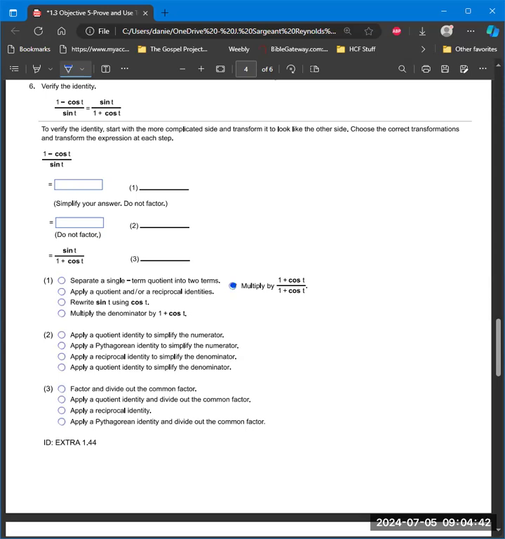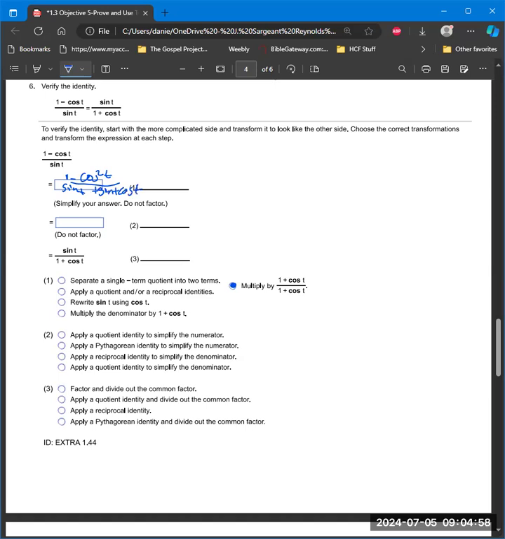And we're going to get 1 minus cosine squared t over sine of t plus sine of t cosine of t.